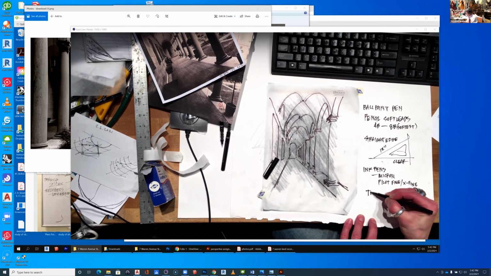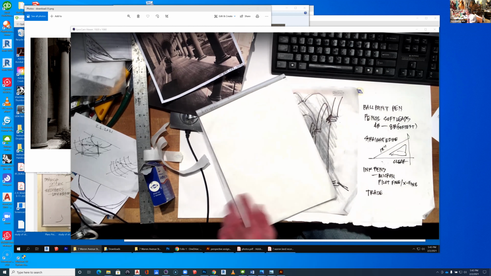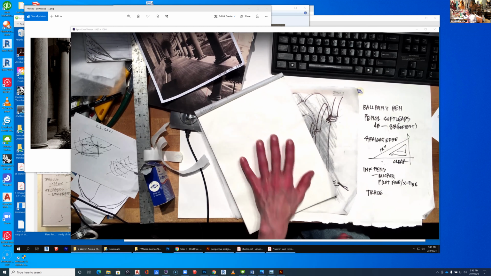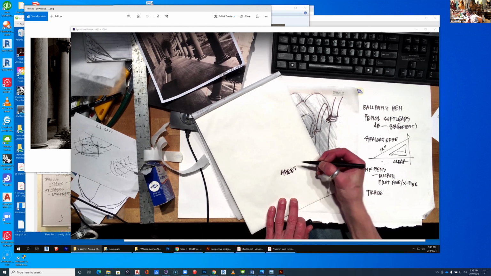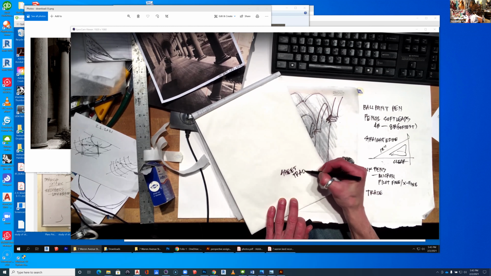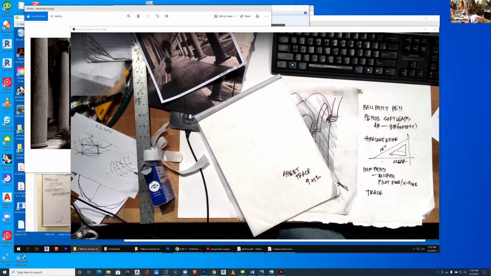Trace. I find it convenient to have sheets of trace. These are sheets, 9 by 12. If you prefer to work with rolls of paper, but I think the sheets are convenient.